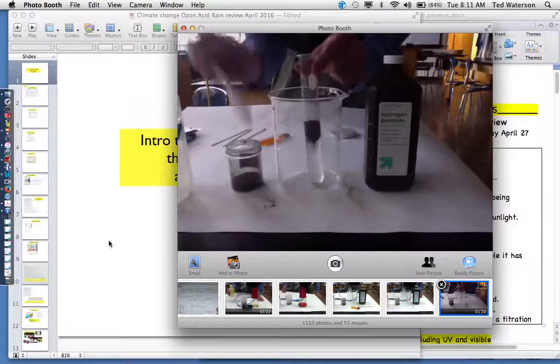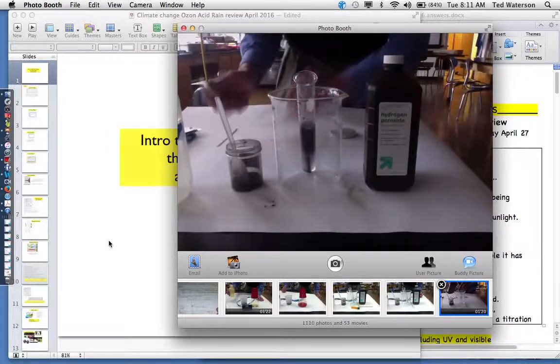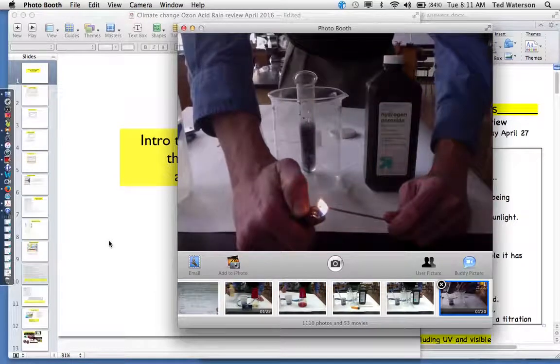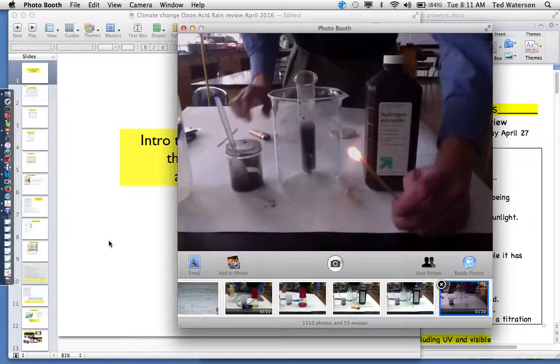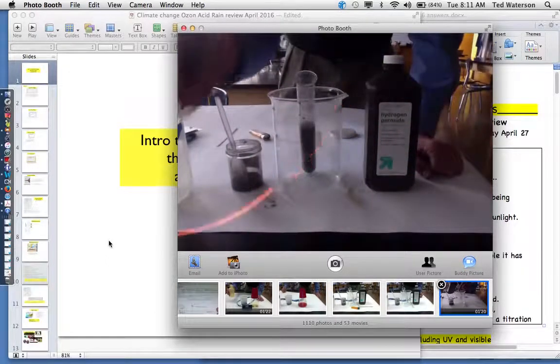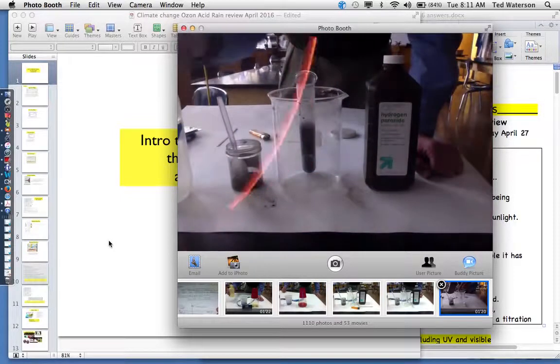So it's important to remember that the ozone layer naturally is reaching a balance and decomposing, just like our hydrogen peroxide will naturally decompose. Now we added that black powder. That black powder was a catalyst, and it accelerated that decomposition of the hydrogen peroxide.